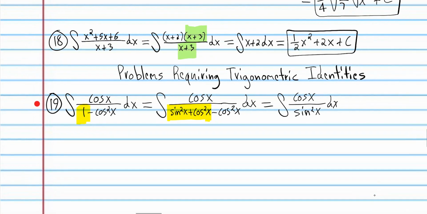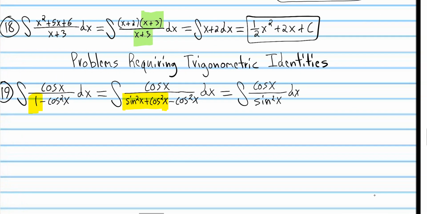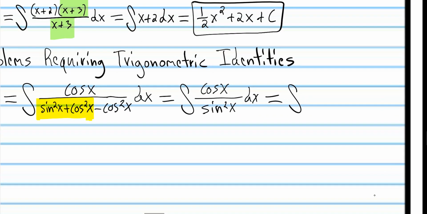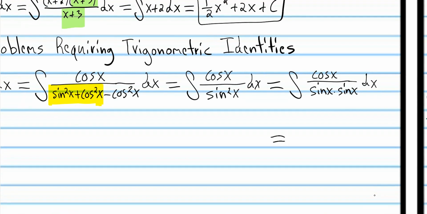Now it doesn't appear that we've really accomplished anything, but if we can do some tricky algebra, we can take sine squared x and break it into 2 sine x's, and we can actually factor out one of the sine x's.